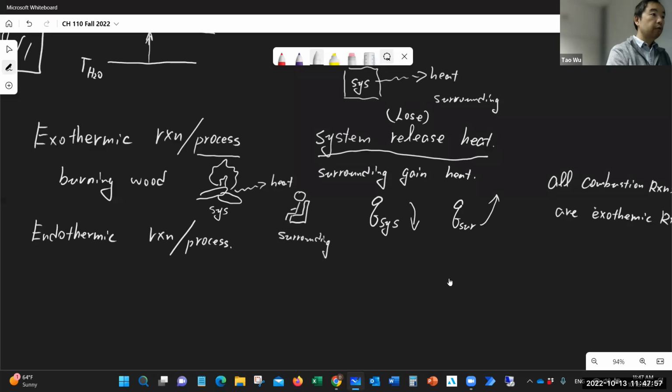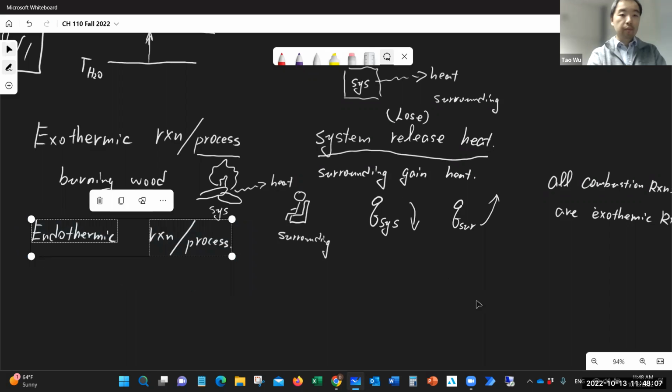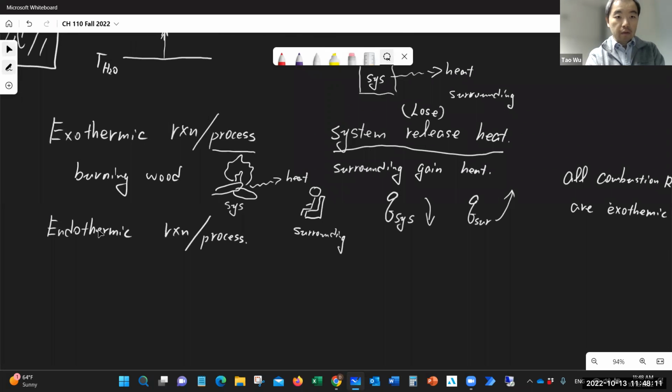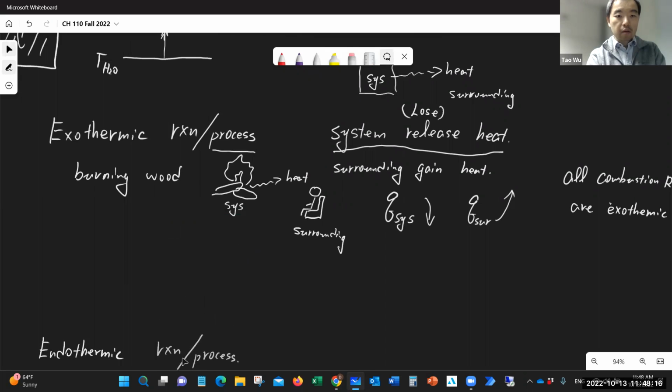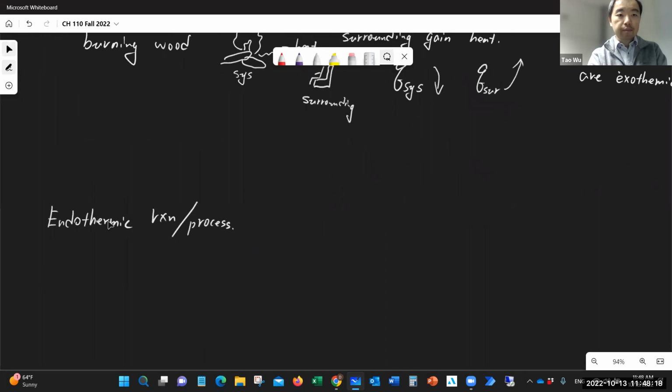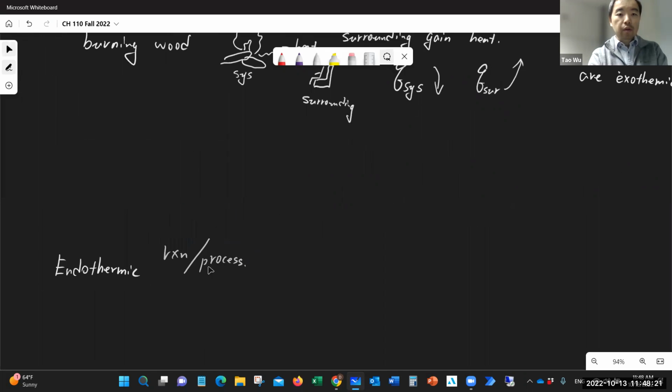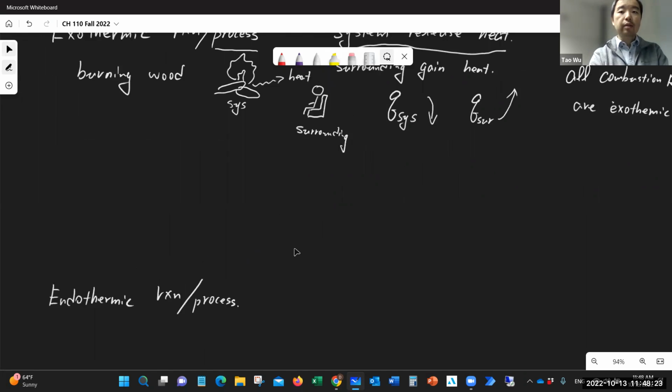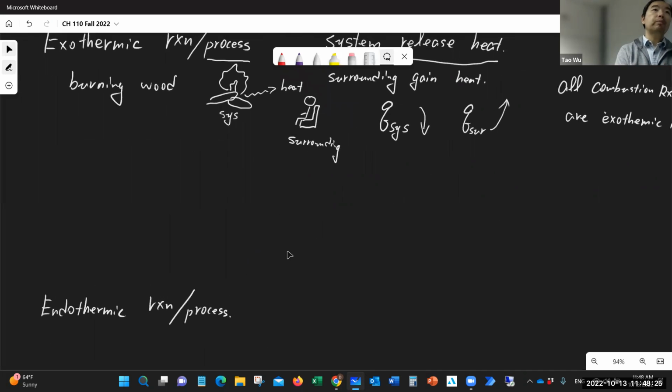So let's move this part down. The reason we're talking about the process is that some physical processes can also be exothermic.